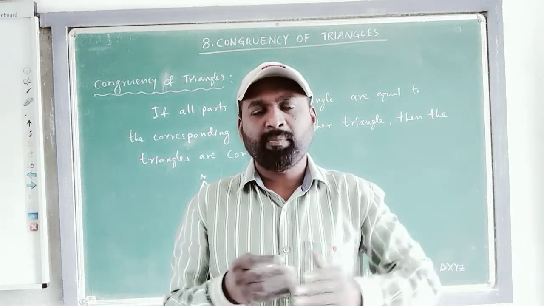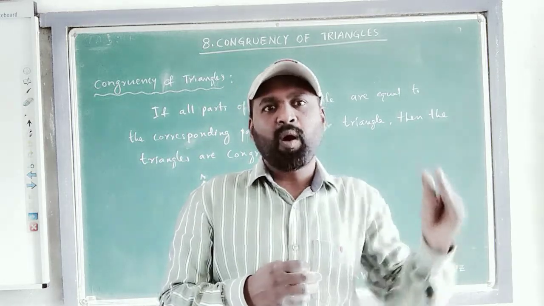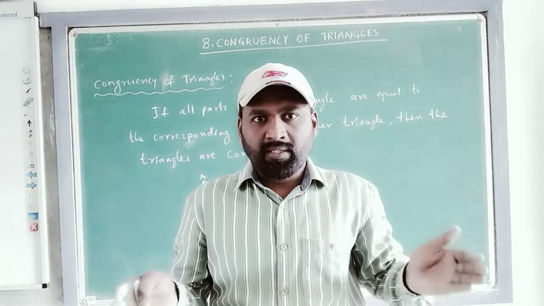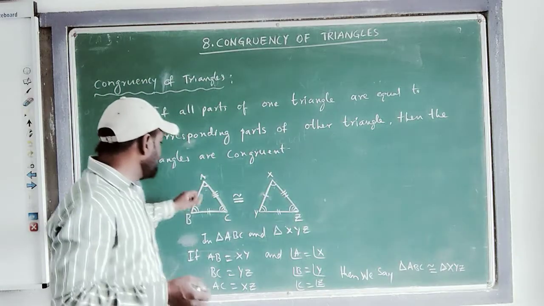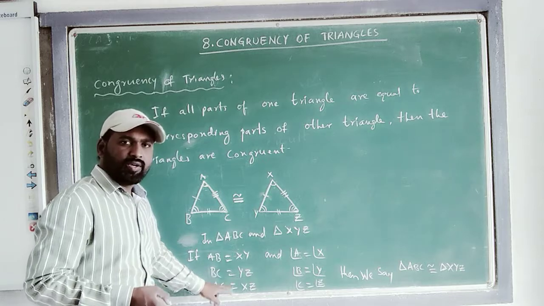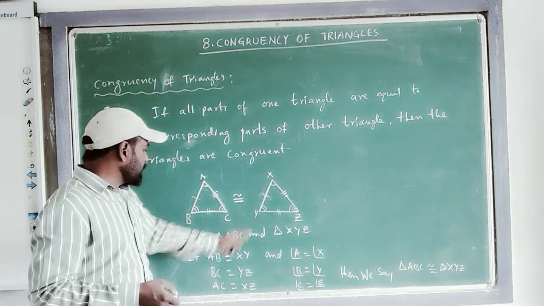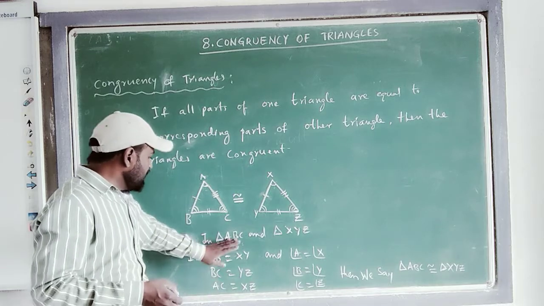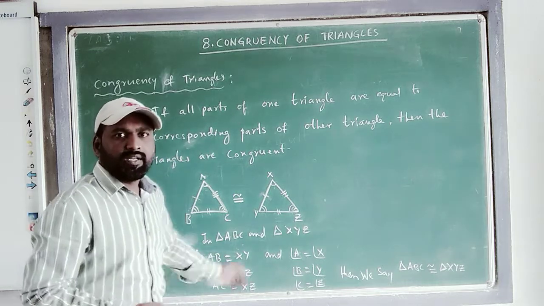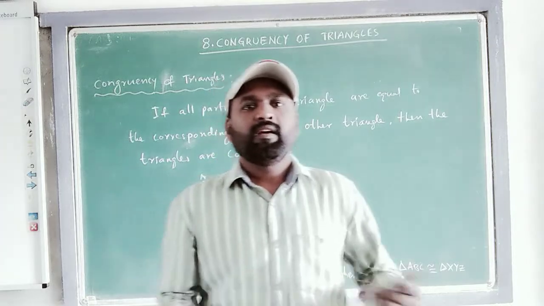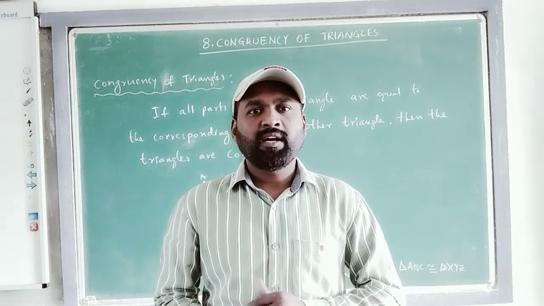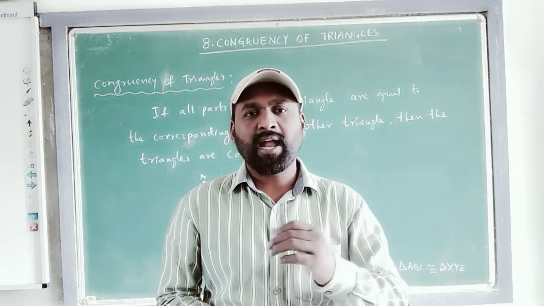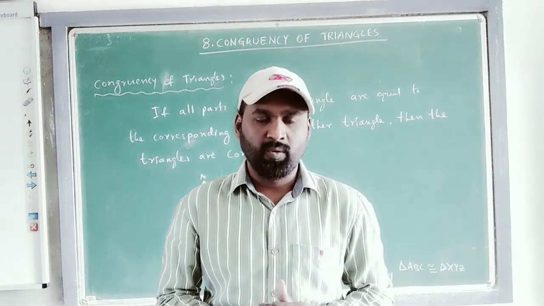When you are comparing the two triangles, if all three corresponding sides are equal, here we compared the three sides: AB corresponding to XY, BC corresponding to YZ, and AC corresponding to XZ. If all the three sides are equal, the triangles are congruent under the SSS, side, side, side congruency rule.